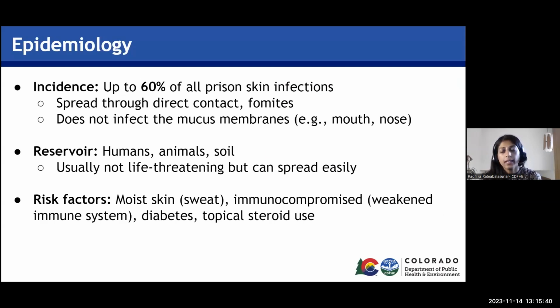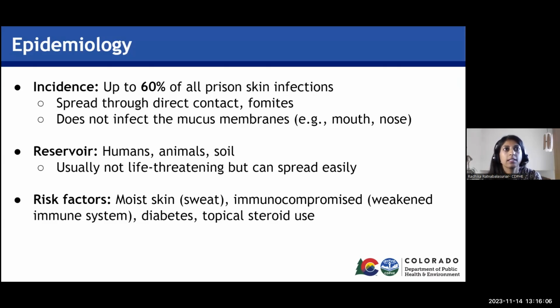And so when we look at the epidemiology of ringworm, the incidence is up to 60% of all skin infections. And that's why I'm really saying to you that this is something that you're more likely to see than Candida auris. It is spread through direct contact and fomites. It does not infect the mucous membrane, so things like the mouth or the nose.